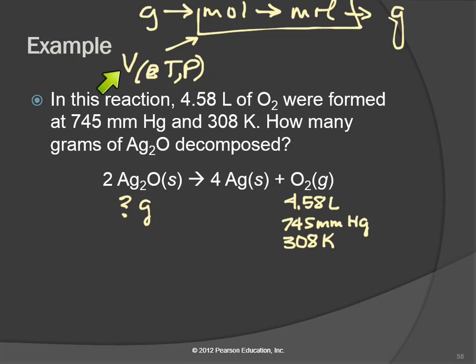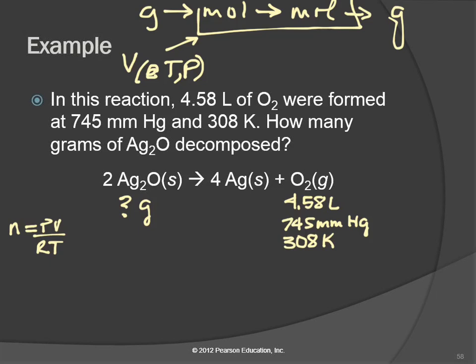Well, how do we take a volume of a gas and find the number of moles? Ideal gas law, right? So the number of moles of gas equals the pressure times the volume over RT. We have to be careful of units, though. Is liter an okay unit for the volume? Yeah. Is millimeters of mercury okay for the pressure?